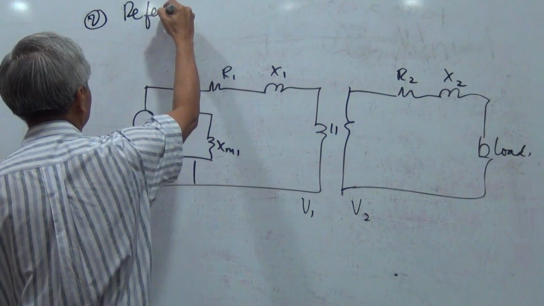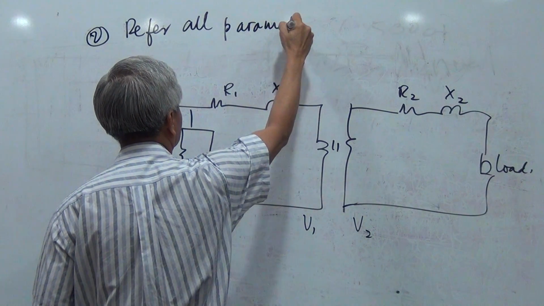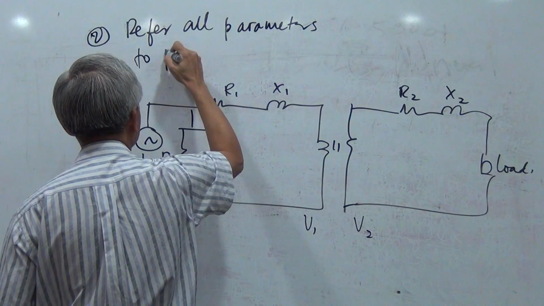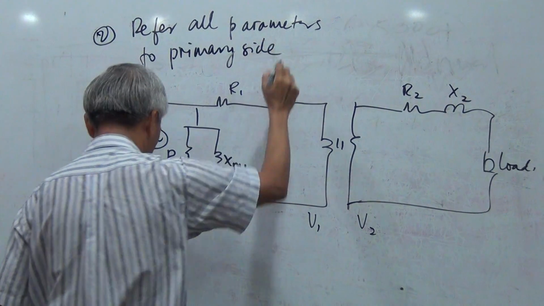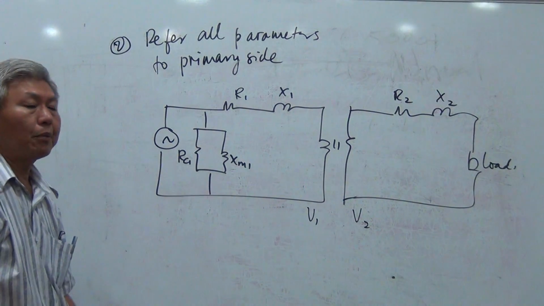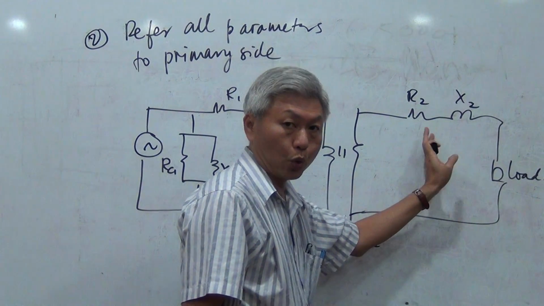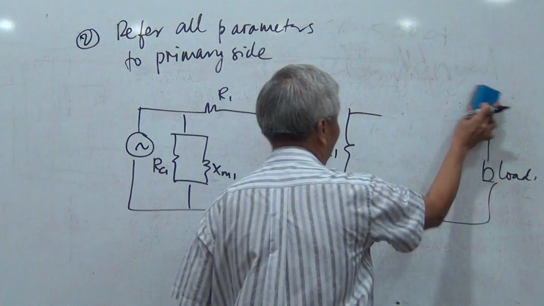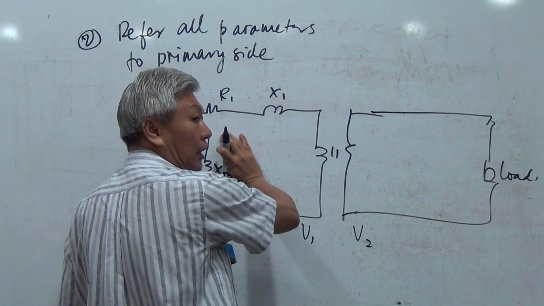Alright, if I were to refer all parameters to the primary side, in other words, I want R2 and X2 to go away. I do not want them to be here. I want them to be adjusted and brought over here.